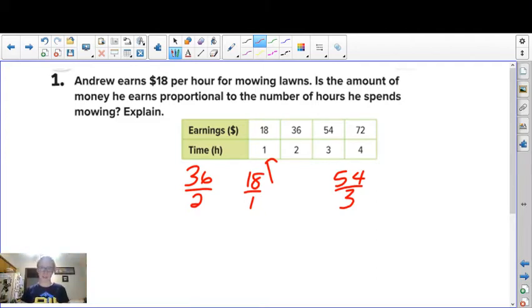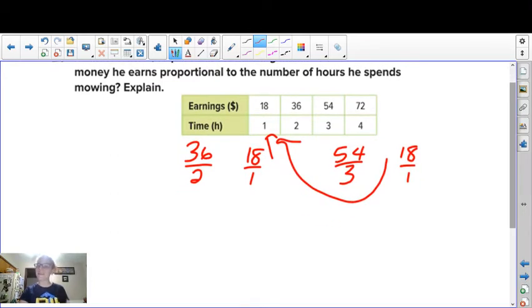So I can say that yes, that does simplify down. So it is also 18 over 1, which, okay, we're seeing it again here. But let's double check our last one. Let's really make sure these are proportional, because I have to make sure the entire table is proportional before I can say it's proportional. And then again, 72 divided by 4 gives me 18 as well.